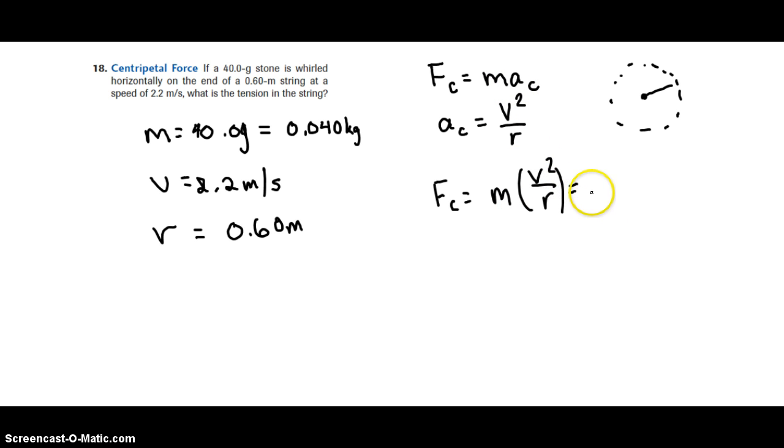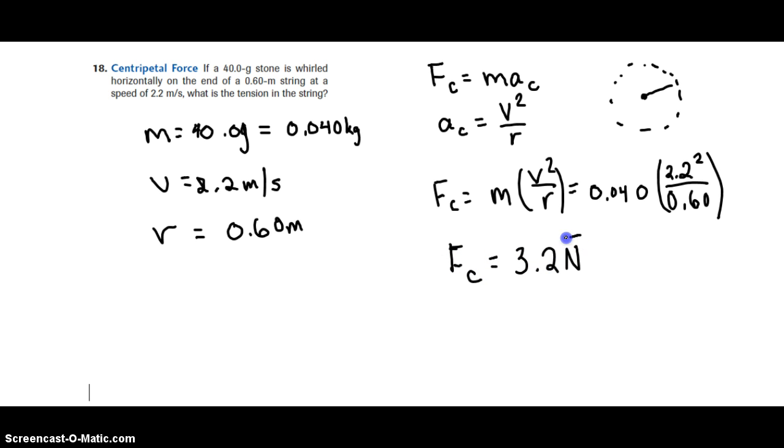So we take 0.040 times 2.2 squared, over 0.60, and we're going to get 3.2 newtons. Remember, my force is going to be measured in newtons.